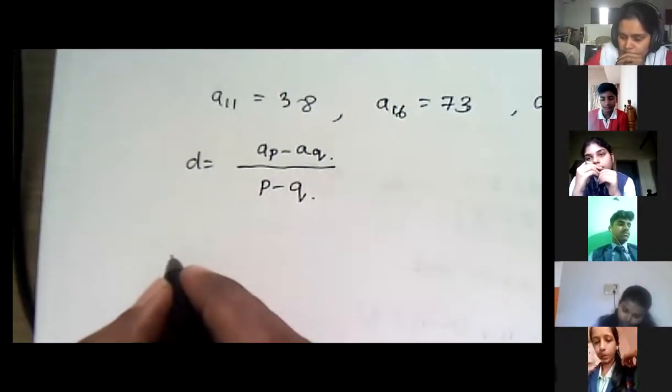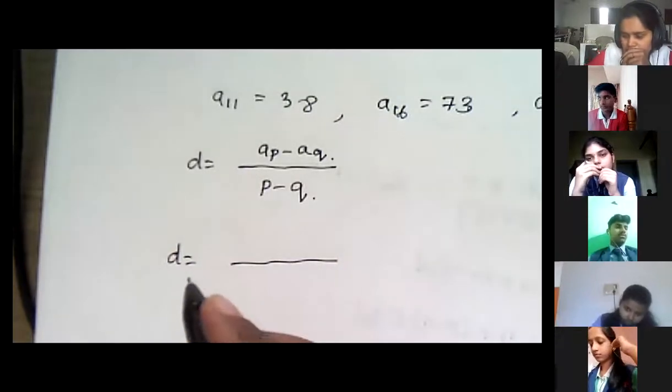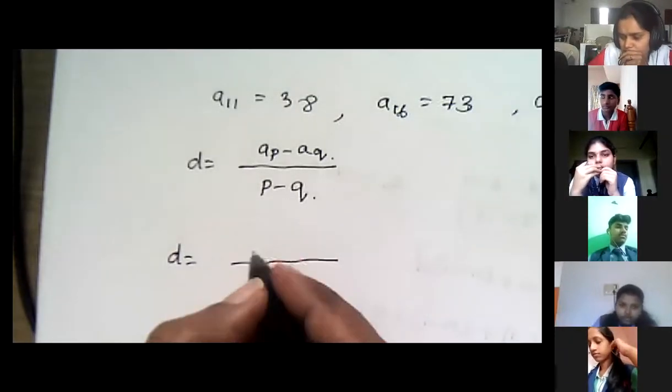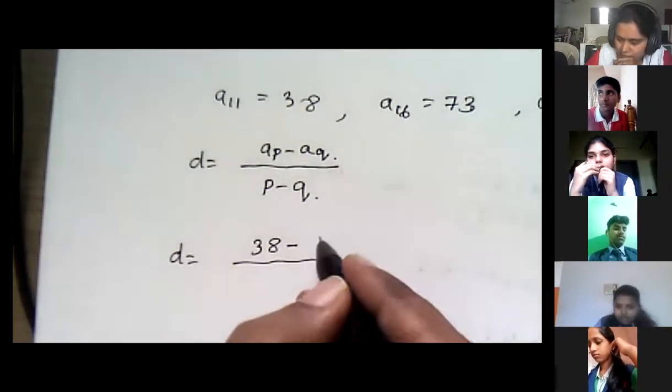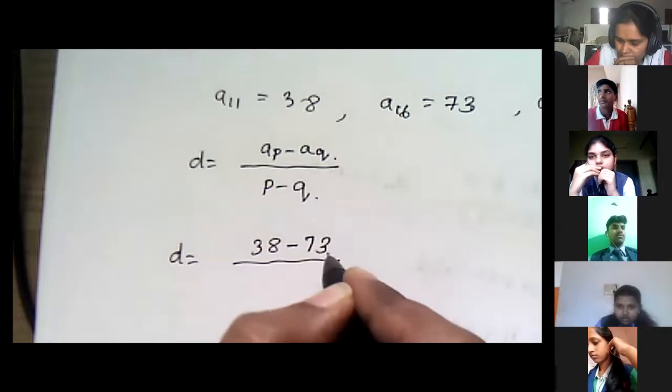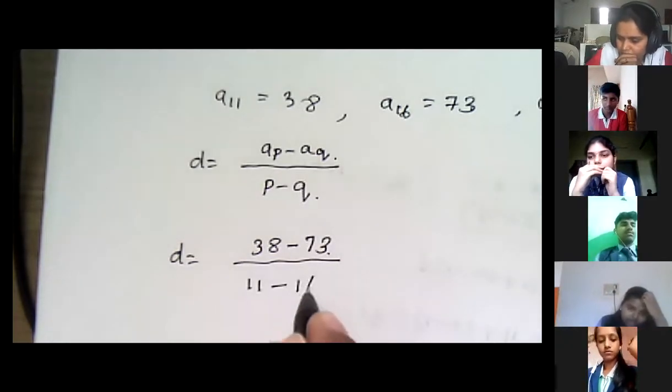Okay, so now we will get D. AP is what? Tell me first. 38 minus 73, divided by 11 minus 16. 11 minus 16.